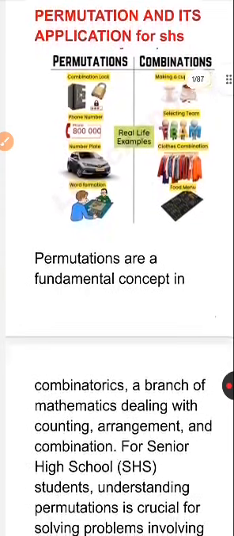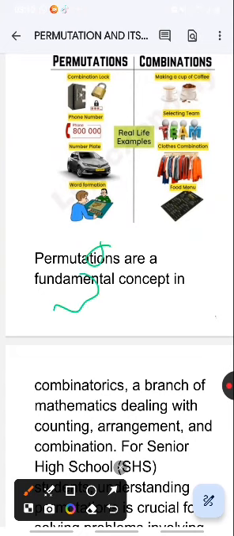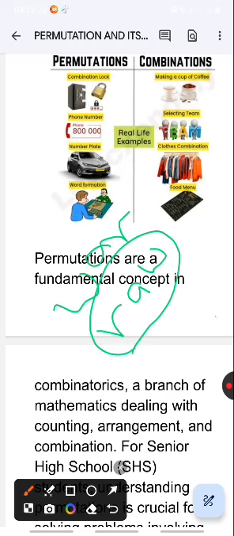Another example is word formation. Let's take a word like war, and let's change the order so that R comes first, A follows, and so on. You have 2 different permutations, but when it comes to combination, it's one because it is still the same letters repeating in the 2 events.